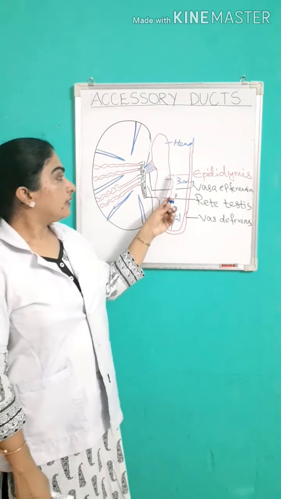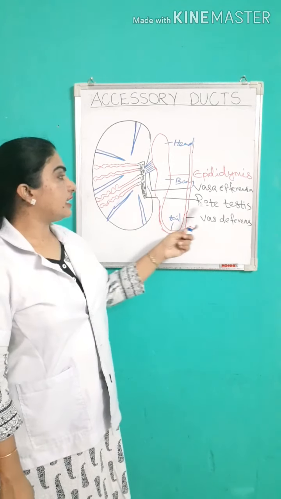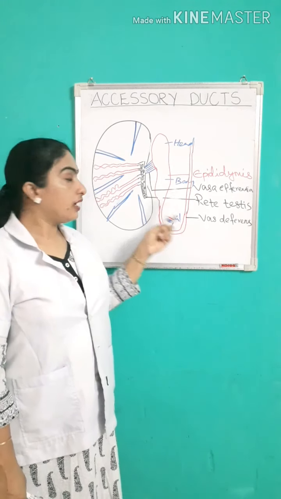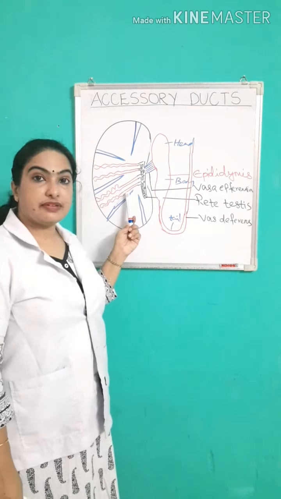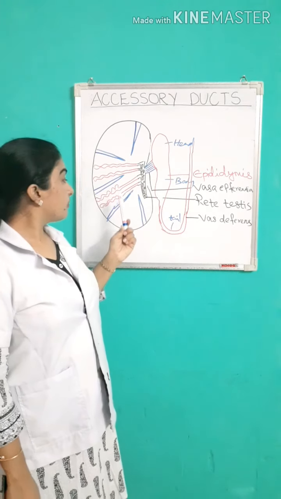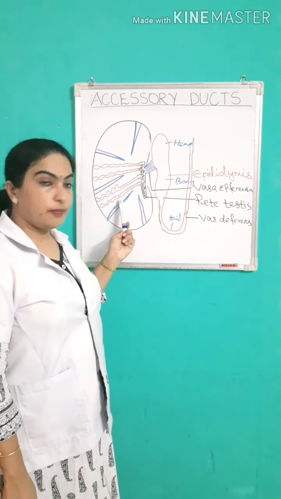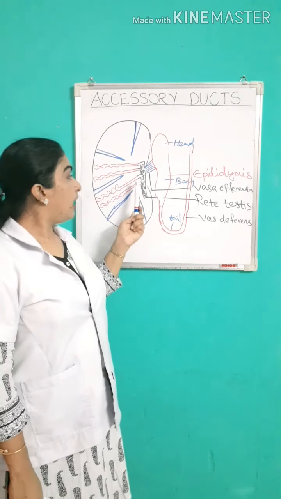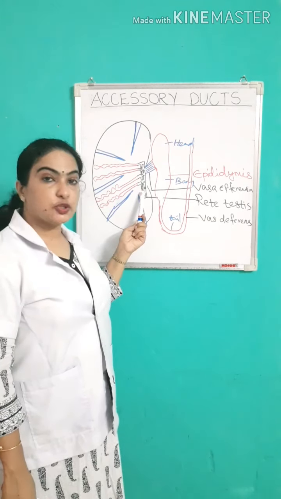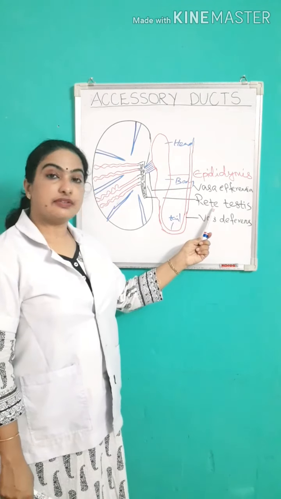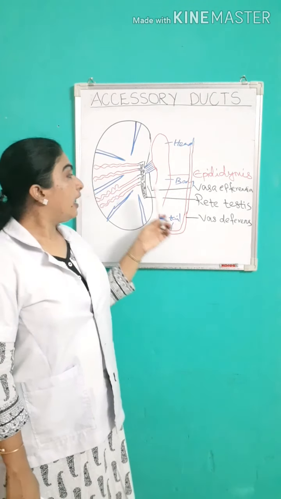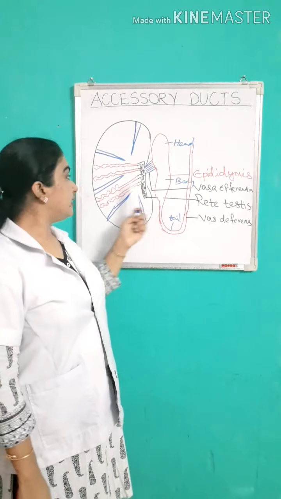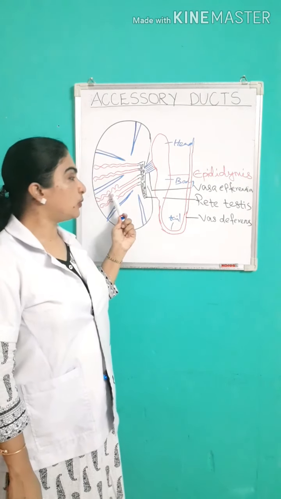Now, first we can see the rete testis. The straight part of the seminiferous tubule in the testicular lobule forms a network of tubes. This network of tubes is called rete testis, and it conducts sperm from the seminiferous tubule.